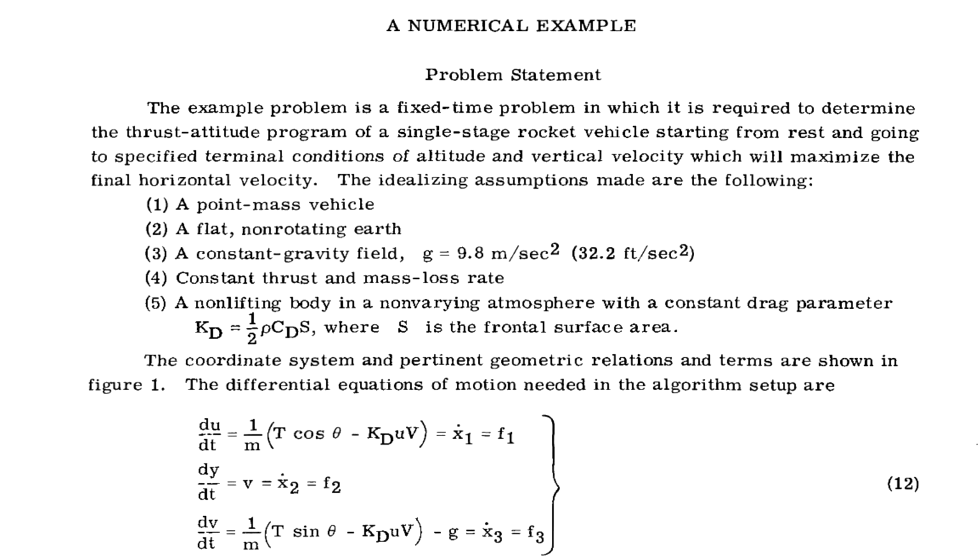On page 14 of the document, it is admitted that the idealizing assumptions made include a flat, non-rotating Earth. If Earth was actually a spinning globe, and not a flat, stationary plane, surely these complex equations and algorithms for optimal rocket trajectories would have to take this into account.